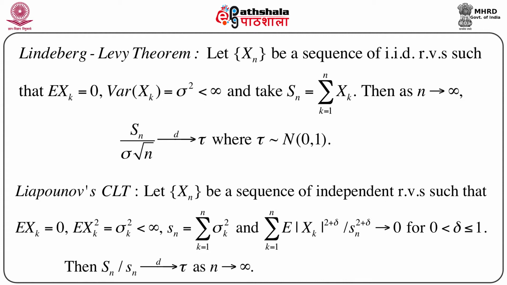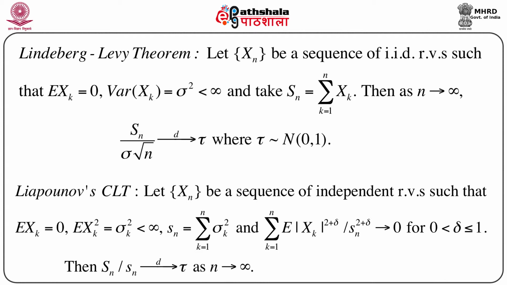Now if we relax the condition that the random variables are identically distributed, we have another CLT which is due to Lyapunov, known as Lyapunov's central limit theorem. The statement is as follows: let Xn be a sequence of independent random variables but not necessarily identical, such that expectation of Xk equals 0, expectation of Xk squared equals sigma k squared, which is less than infinity, and we define small sn squared, the sum of the variances, that means summation sigma k squared, k equals 1 to n.